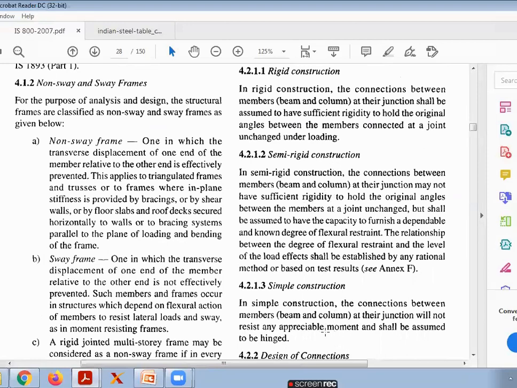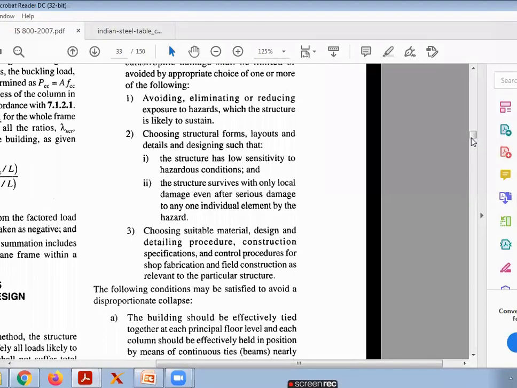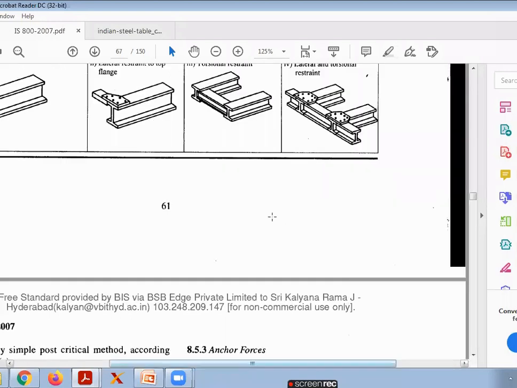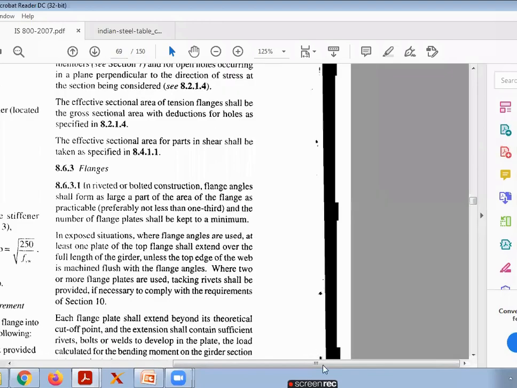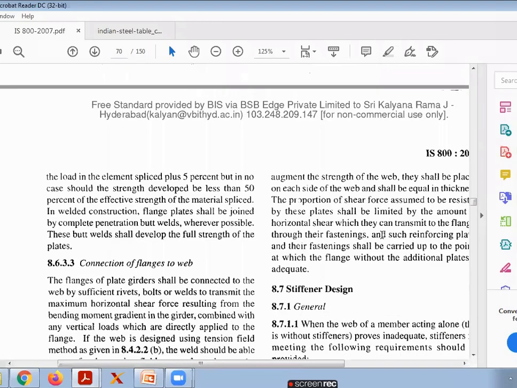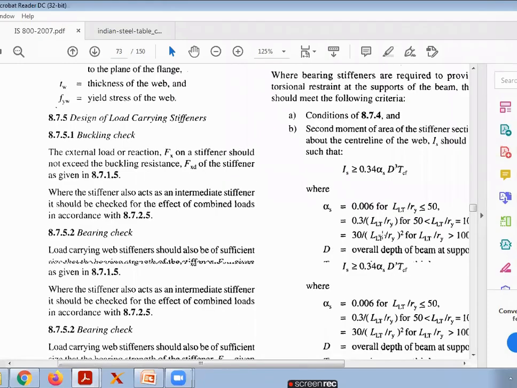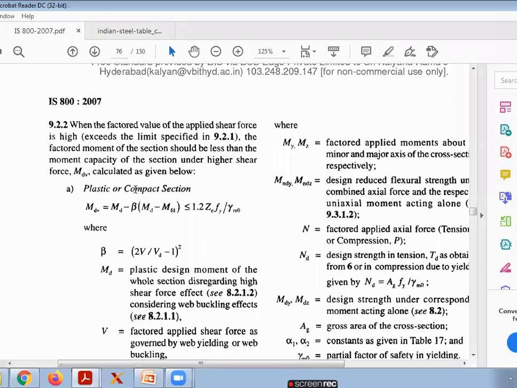I just opened the IS 800 code book, and please go through page number 70. There you will find the plastic section, the Mdv value.